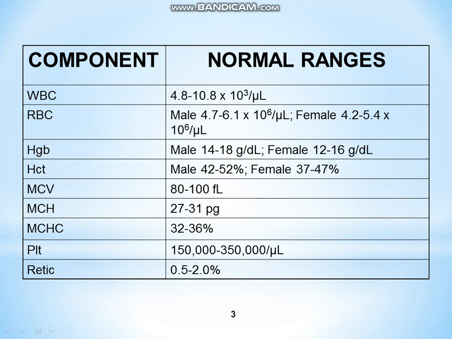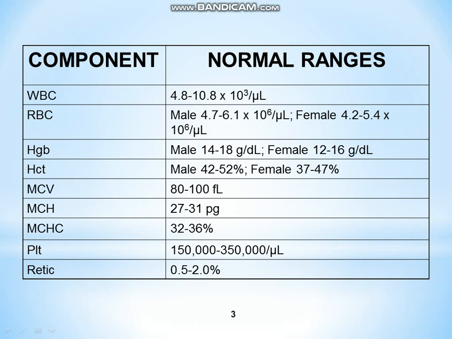The range is between 4.7 to 6.1 × 10^6 per microliter, whereas in female it is 4.2 to 5.4 × 10^6 per microliter. In case of hemoglobin, the male ranges 14 to 18 gram per deciliter, whereas in case of females, the hemoglobin ranges between 12 to 18 gram per deciliter.